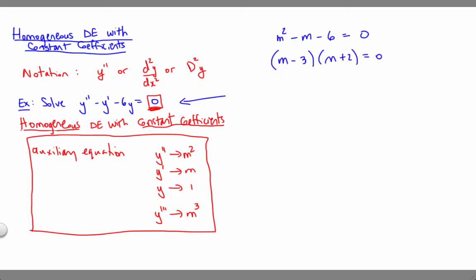So if we choose -3 and +2, that will work, and we've got our left side factored so we can solve the equation. Right, so the roots then of the auxiliary equation are +3 and -2. So now to come up with a solution to our DE, we just need to know what to do with these roots.